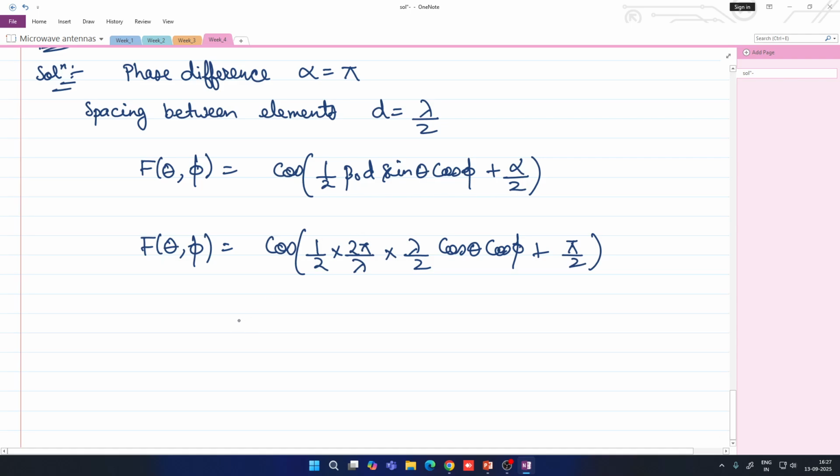So when we solve it, we will get cos of pi by 2 (sorry, this should be sin theta here) sin theta cos phi plus 1.